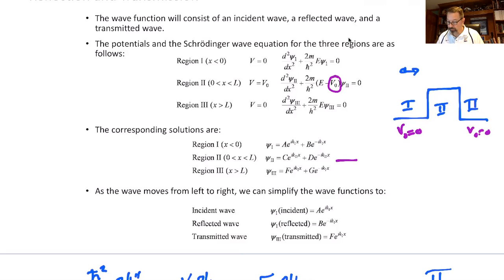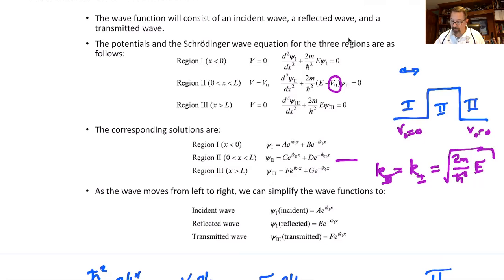solutions that are exponentials. The difference, though, is that K in region 1 will just be the square root of 2m over h bar squared times the total energy, because there is no potential energy in region 1. And I think region 3 will have exactly the same form.